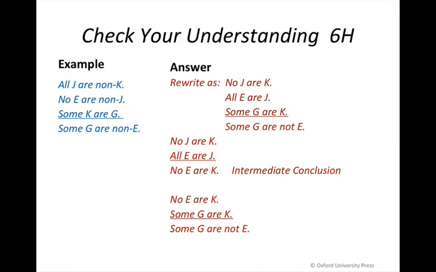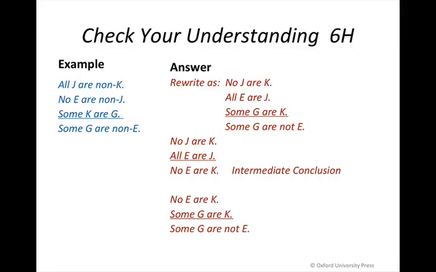Now, notice that in the rewrite that's cleaned up, you have in the conclusion at the top, some G are not E, and that is a legitimate move for us to make because we're talking about an O claim, right?